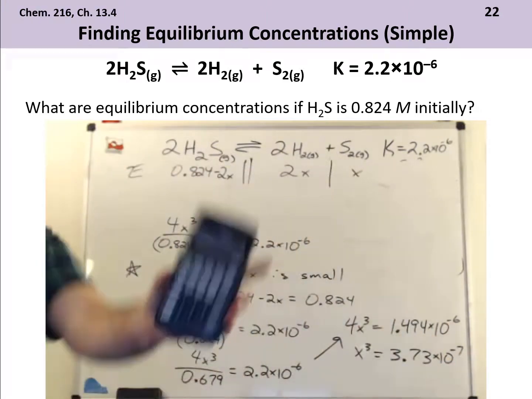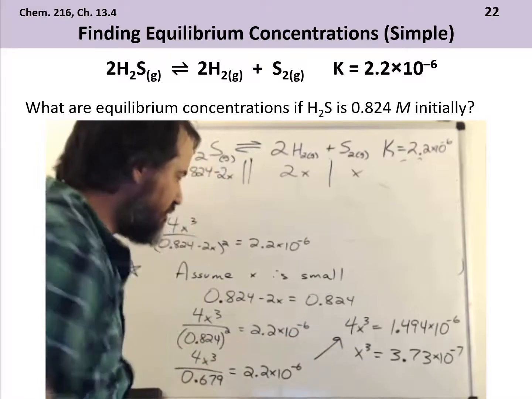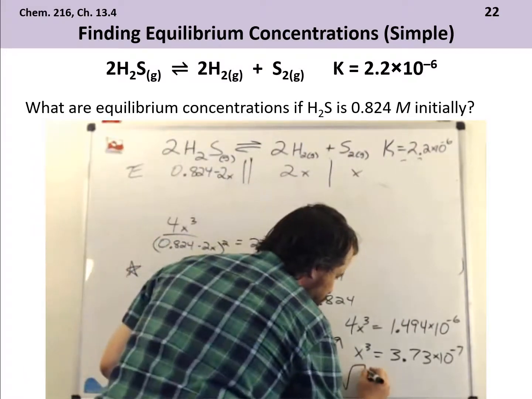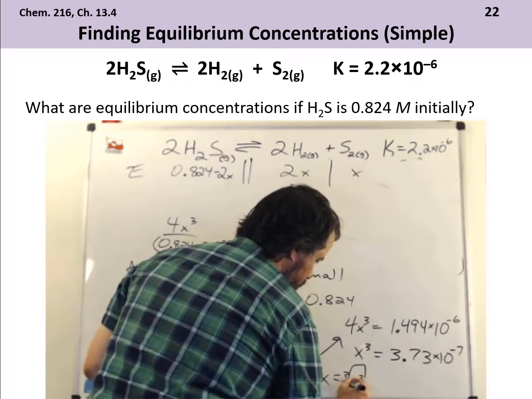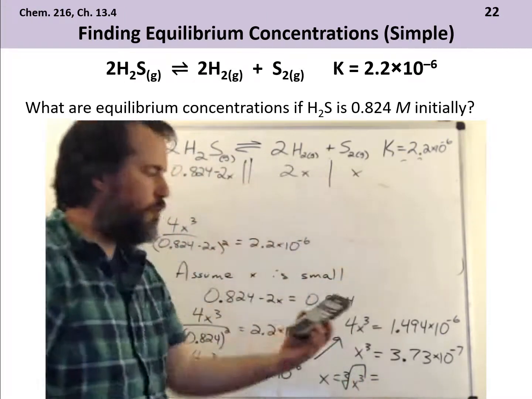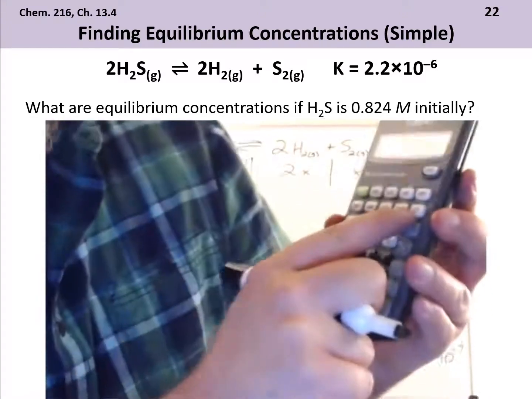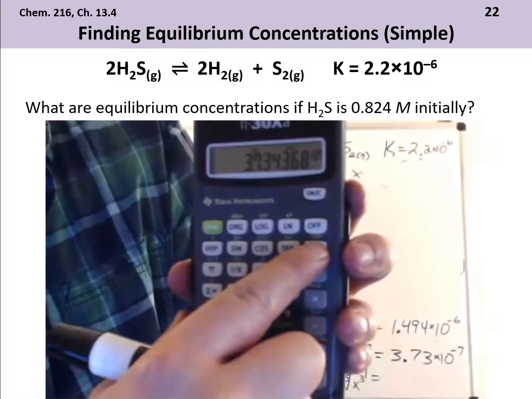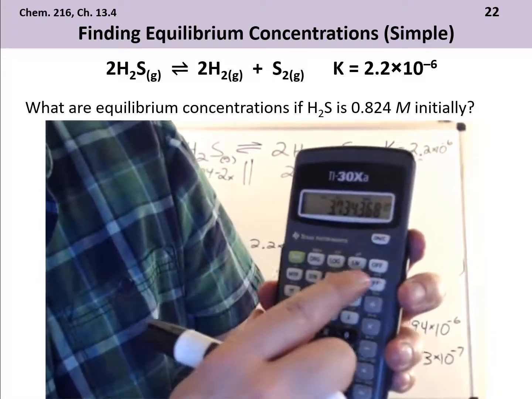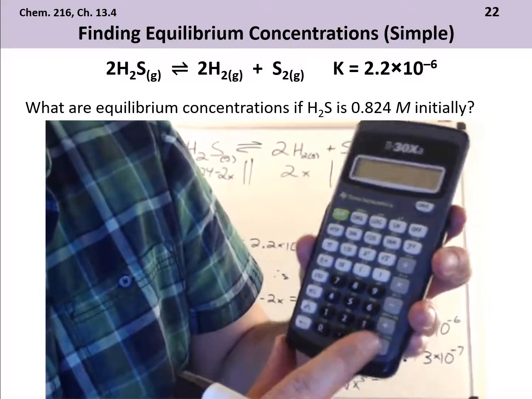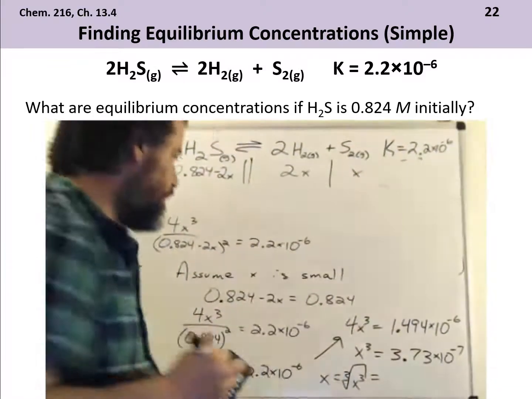Okay, now what I need to do is, notice this is x cubed. So I need to do the cube root of this. Right? So to do that, notice on my calculator I have the x root y function. So I have my number there. I go second, this, and then cube. And I get my answer, which is 7.2 times 10 to the minus 3. Okay?